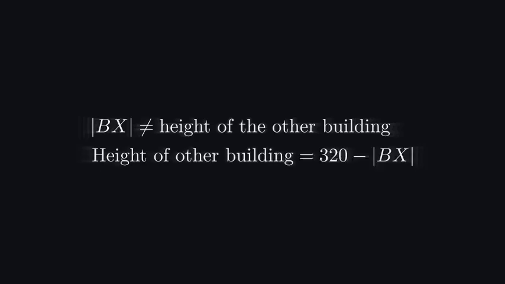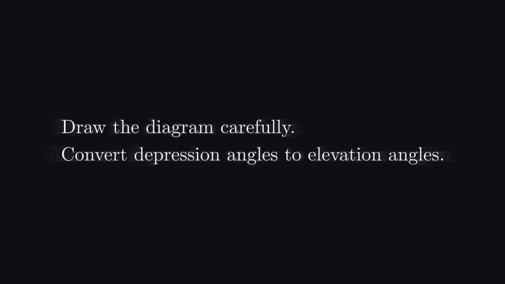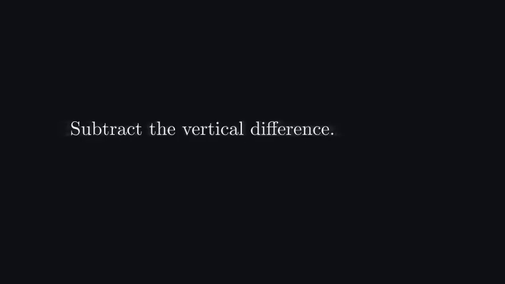Height of other building equals 320 meters minus length of BX. Draw the diagram carefully. Convert depression angles to elevation angles. Subtract the vertical difference.